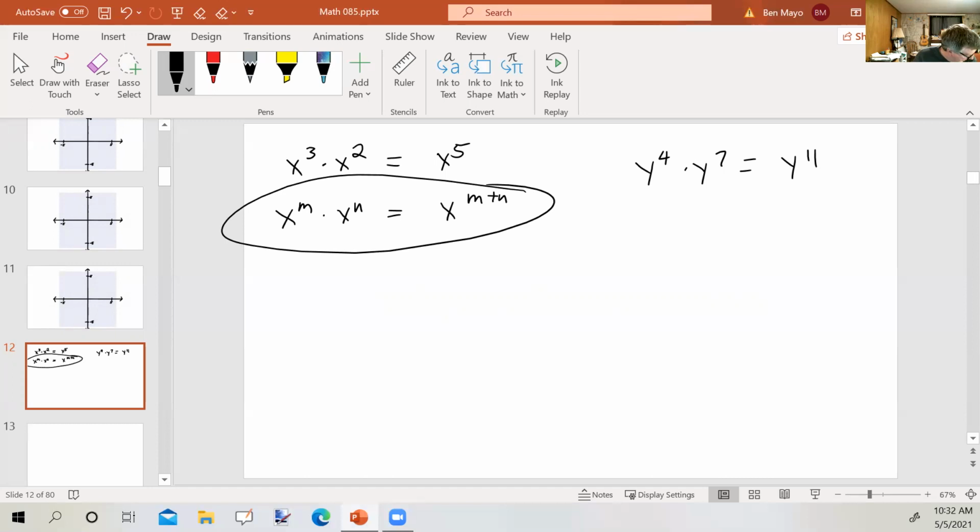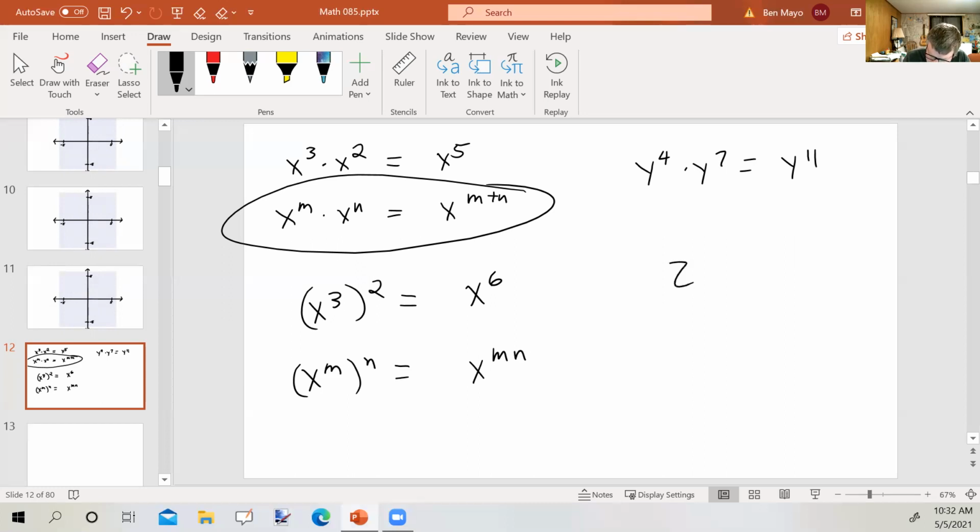Second rule, this first rule is called the product rule. The second rule, called the power rule, is where if you have a power raised to a power, in this case, you multiply the exponents, or in general, x to the m raised to the n power would be x to the m times n power. Let's say you've got z to the 4th cubed.